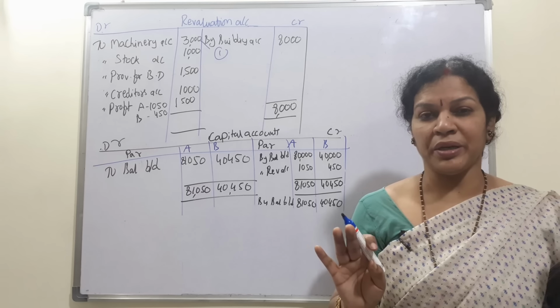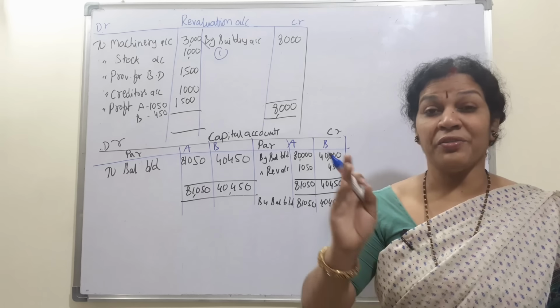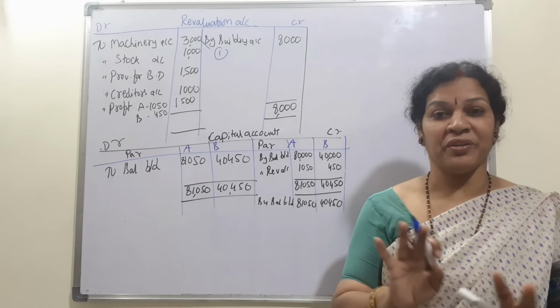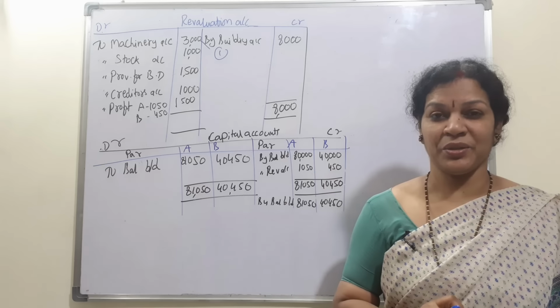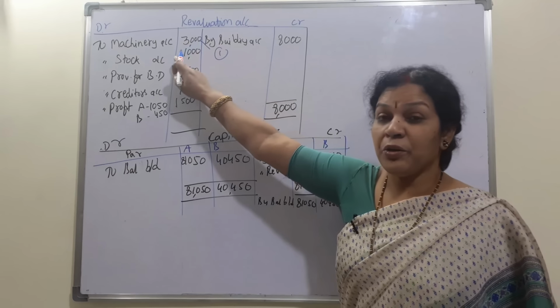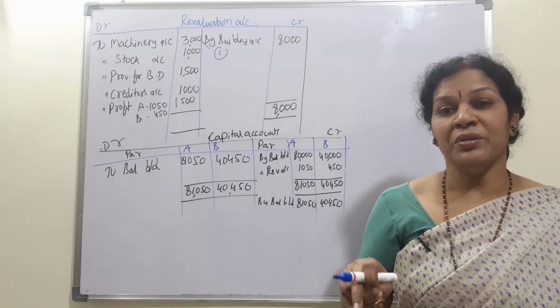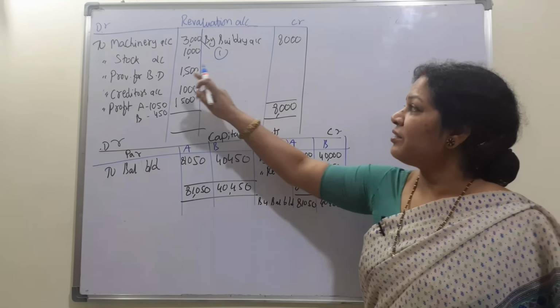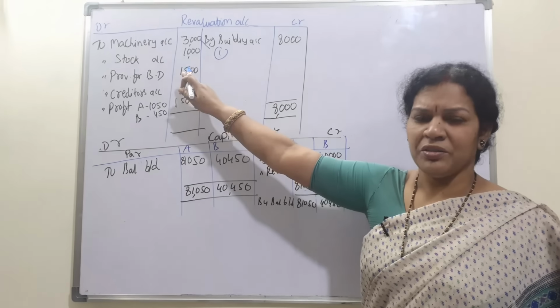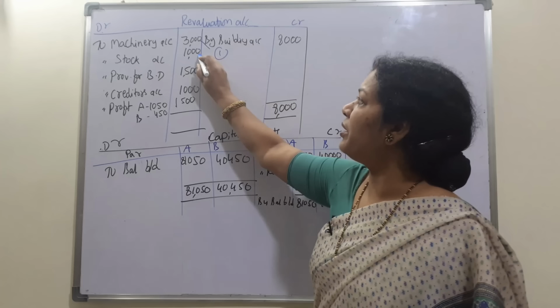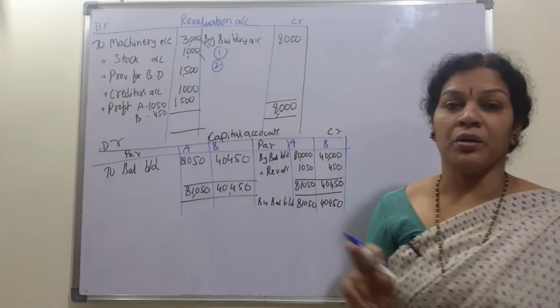Same pro forma, you have to write date, particulars, LF, debit, credit, same pro forma as I taught you in the beginning class. So revaluation account attached to machinery account. What is the narration? Being machinery value decreased. Second one, stock. It is also on the debit side. So revaluation account attached to stock account.